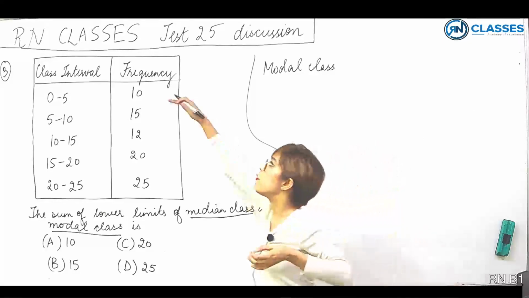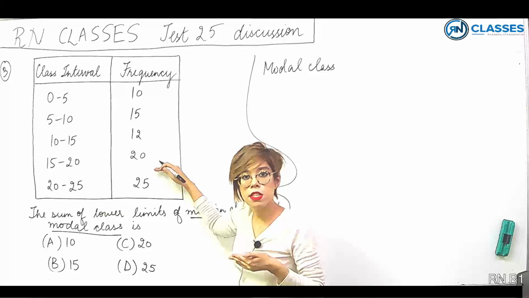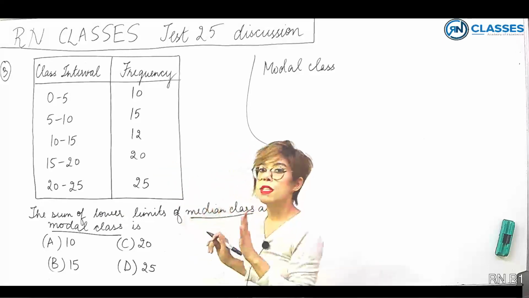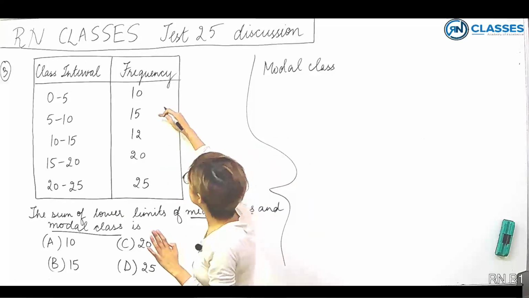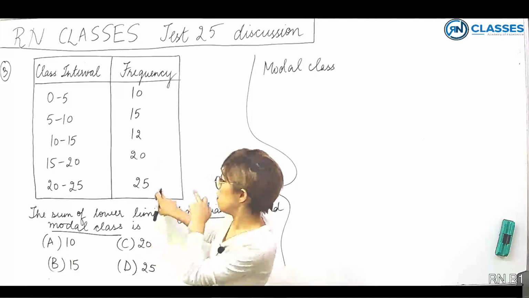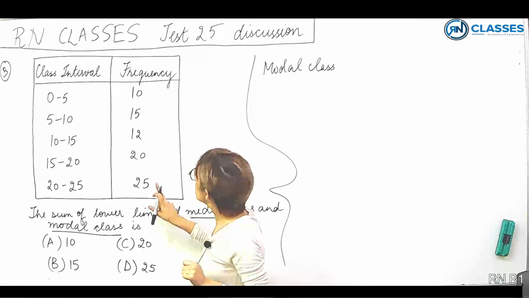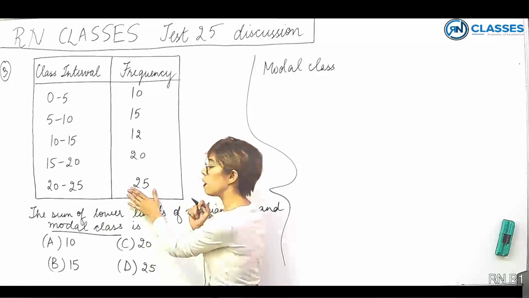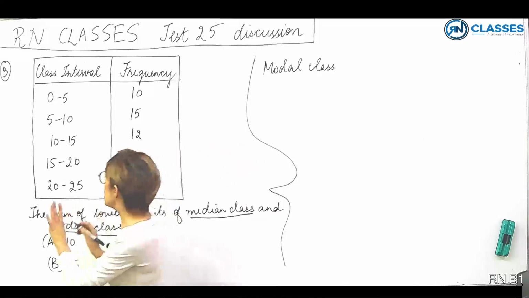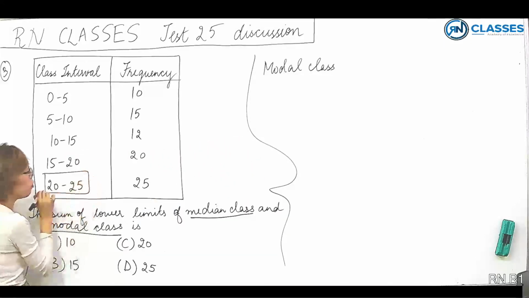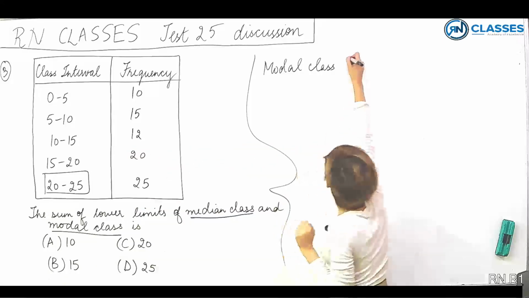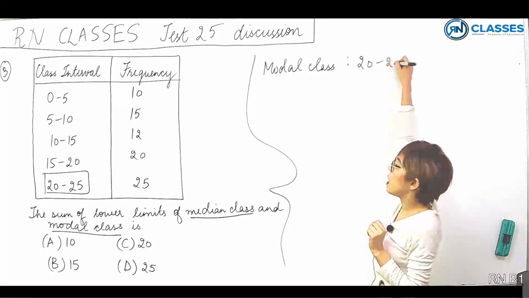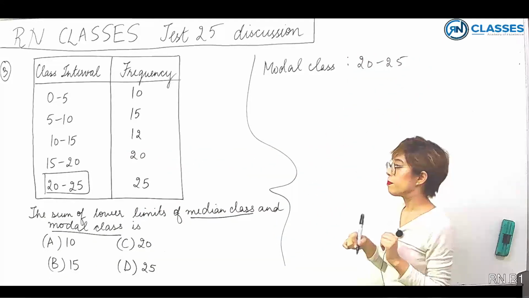That means the frequency should be the highest. So in which interval the frequency is the highest one? 10, 15, 20. Oh, no, 25 actually. 25. Right? So that means the highest frequency is here. So we can say 20 to 25 is my modal class.